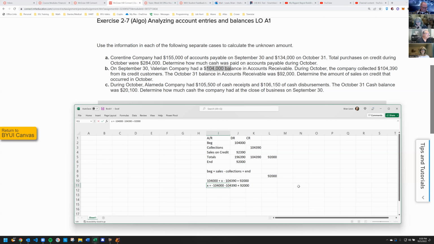See, that's why you always show your work in math, like a teacher back in 9th grade would say, hey, when you move the 104,390 over to the other side, you should have changed the sign, and then you would have gotten it right. So equals minus 104 plus 104 plus 92. Yep, there we go. Now I got it right.